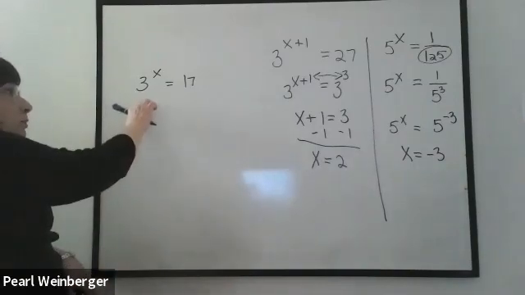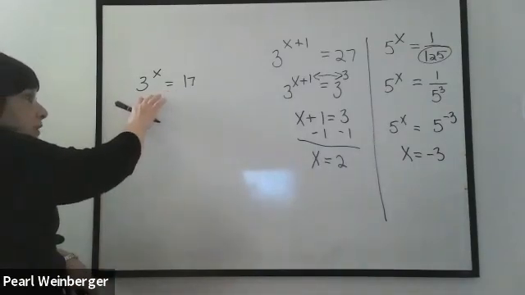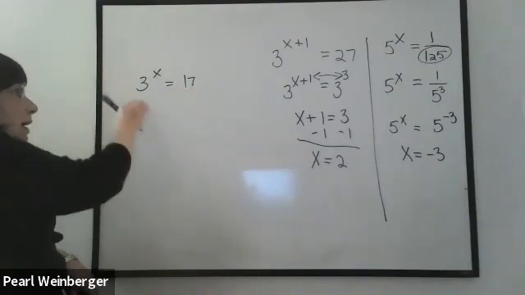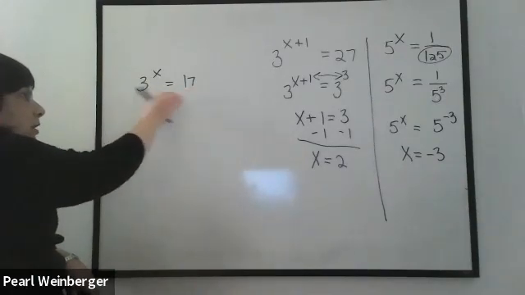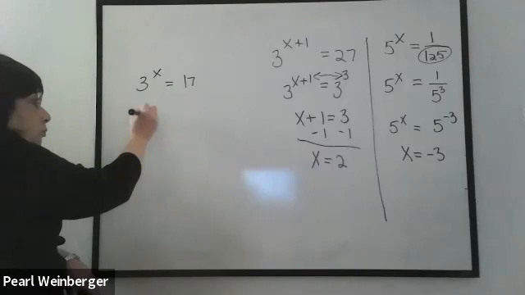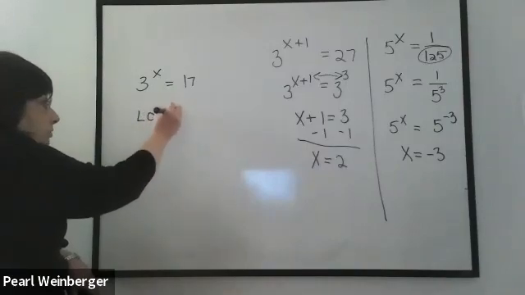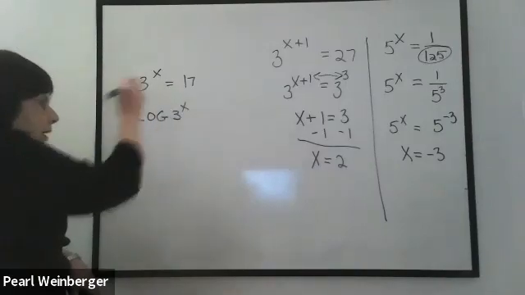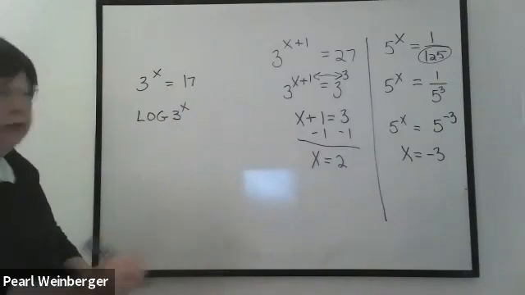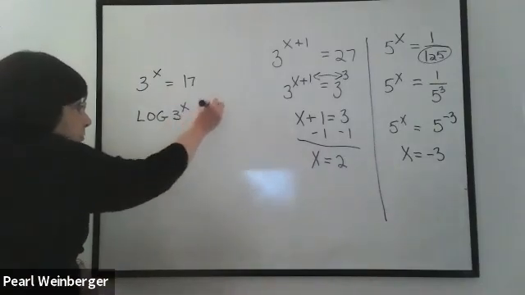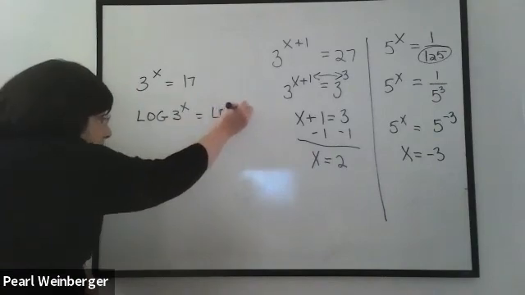So since 3 to the x equals 17, I'm going to take the log of both sides. I'm going to write the word log in front of both sides of this equation. I will get log of 3 to the x is equal to the log of 17.